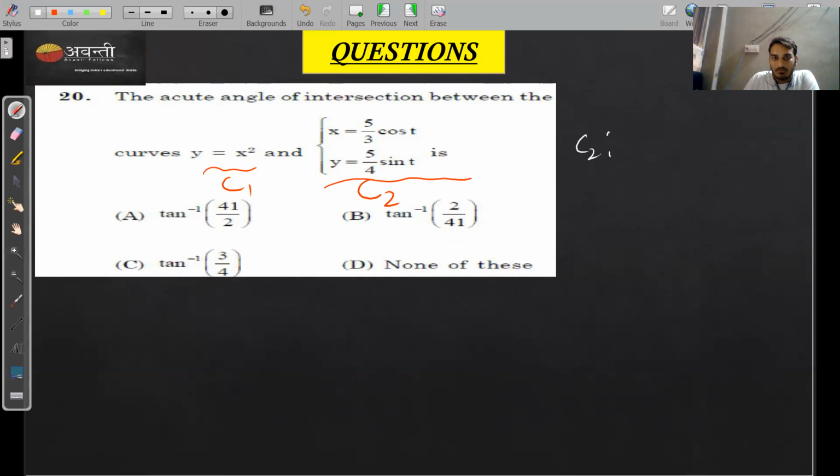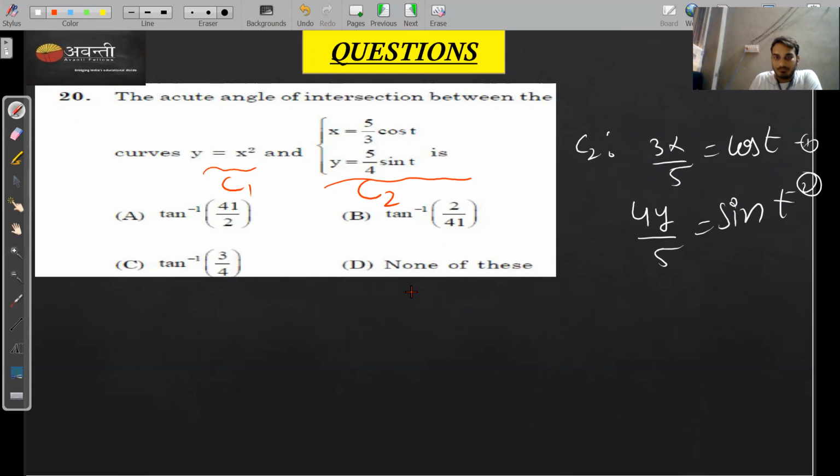For C2, what I'm doing is 3x by 5 is cos t. Yes or no? x is equal to 5 by 3 cos t, so it means 3x by 5 is cos t, and 4y by 5 is sin t. Yes or no? So now square both equations. Let's say equation 1, equation 2. Square both and add.